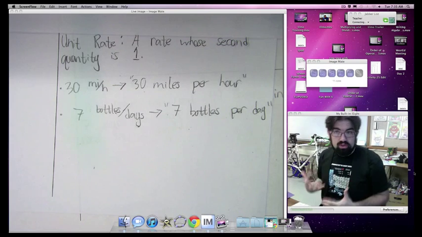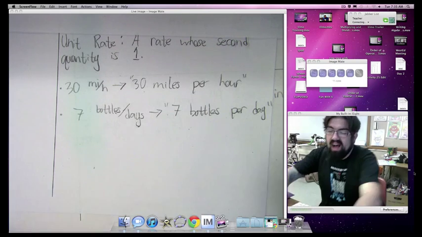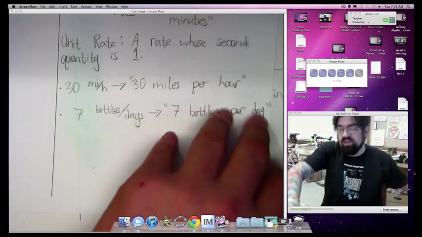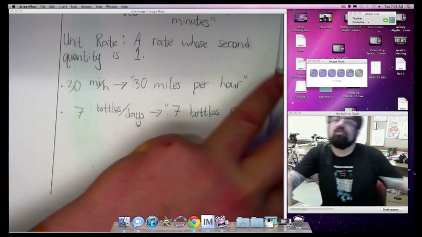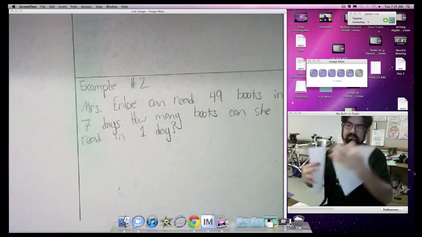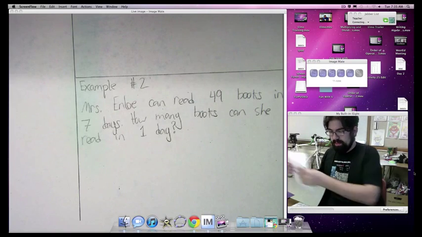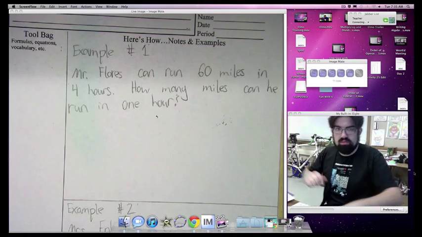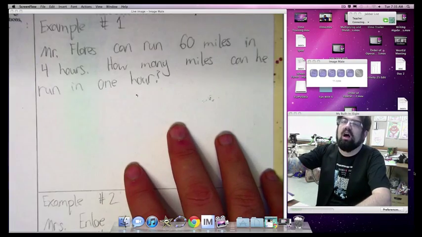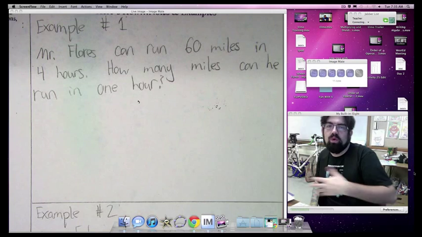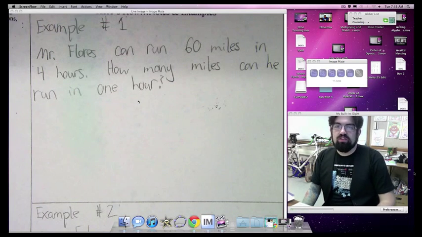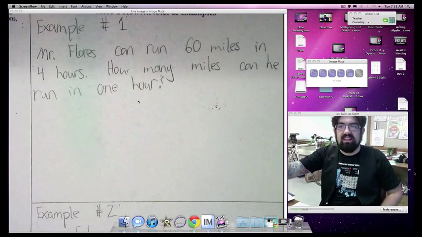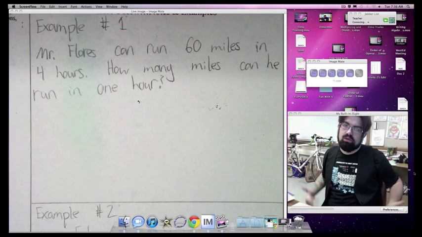So those are unit rates. So the idea is if I give you a regular rate, you need to change it to a unit rate. And literally we've got 2 examples. We'll do number 1 since you didn't read that bottom one, of course. Example number 1. Mr. Flores can run 60 miles in 4 hours.